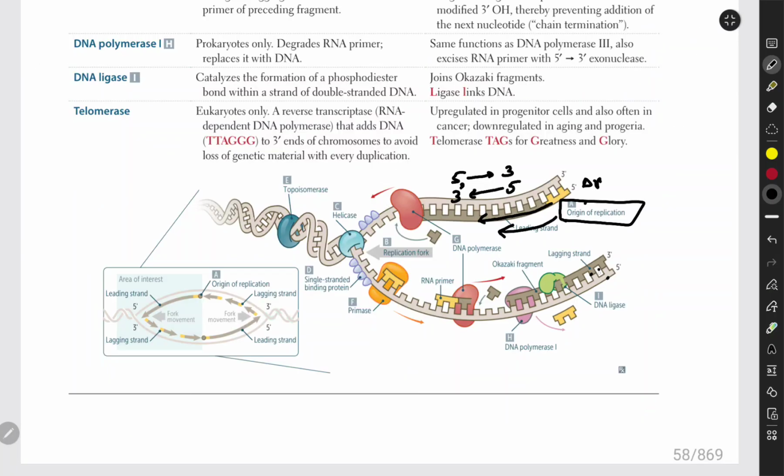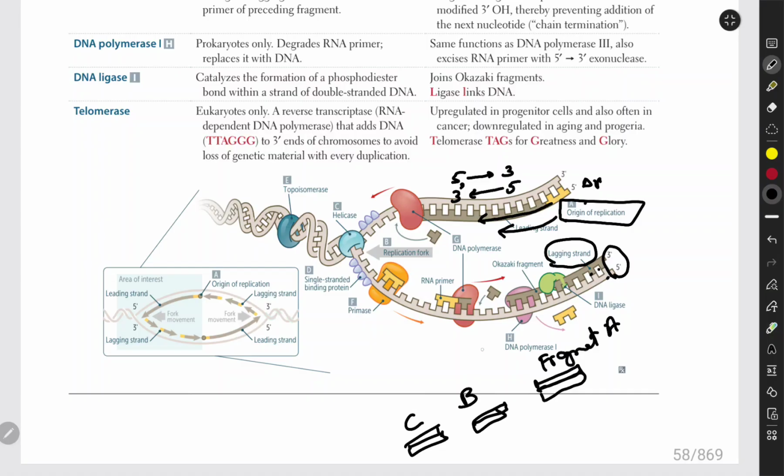The other strand, in the 3' to 5' direction, you need to know is synthesized in a lagging way. For example, there is one strand in this part that is synthesized. This is fragment A. This is the other fragment, fragment B, and this is the other fragment, fragment C. This is because this is 3' to 5', and the synthesis direction is 5', so it is opposite to what it's supposed to be.